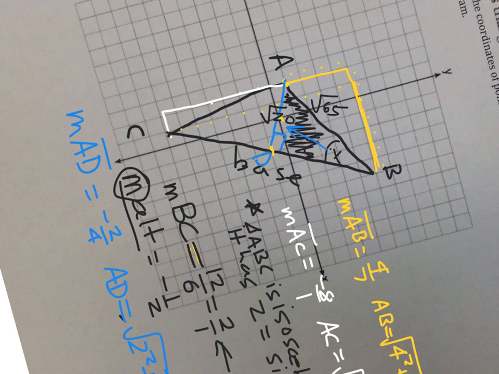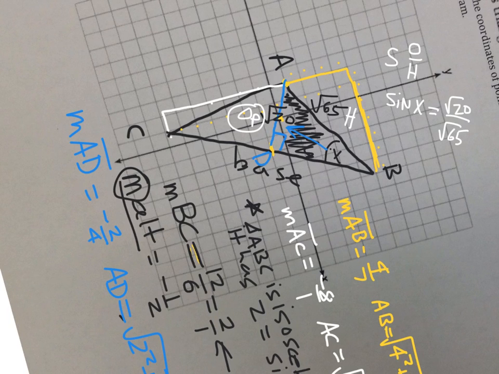The radical 20 is the opposite side. The radical 65 is the hypotenuse. So if I want to figure out what angle A is worth, I can use SOHCAHTOA. Look at that, it's the very first choice. That's the only one that has the O and the H in it. So S would be for sine, so the sine of the angle equals the opposite side, radical 20, over radical 65.